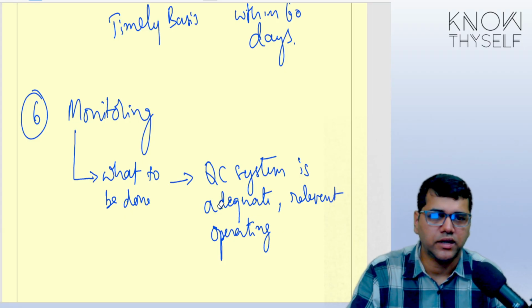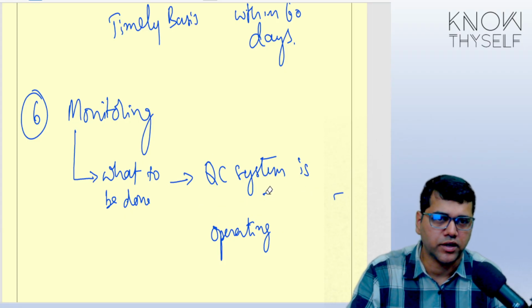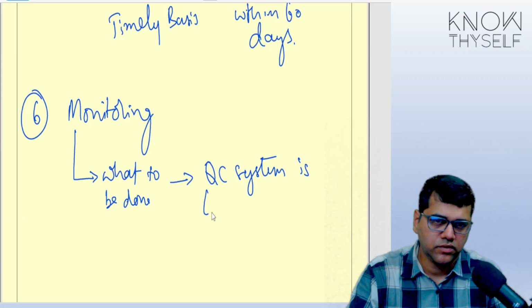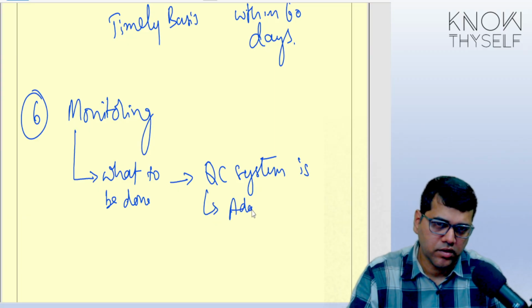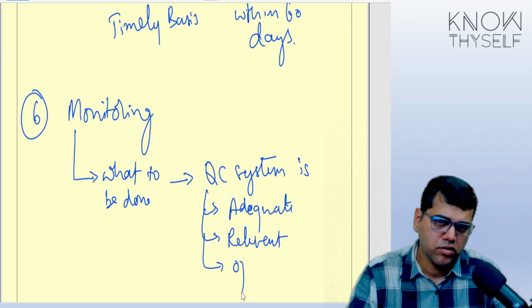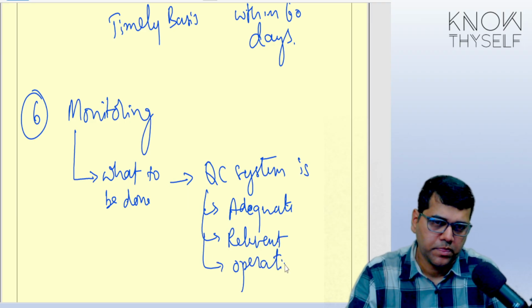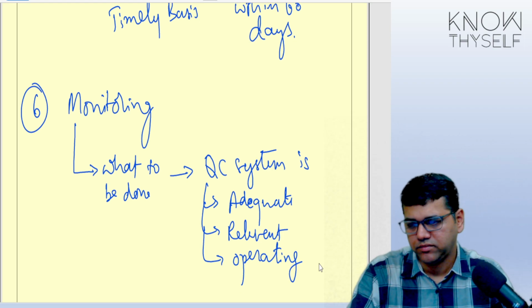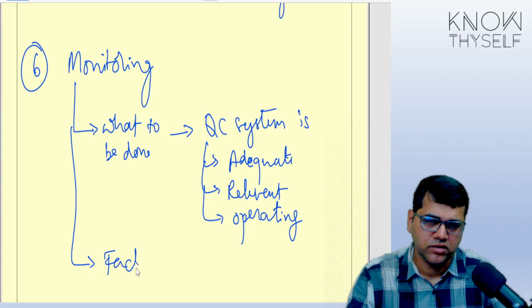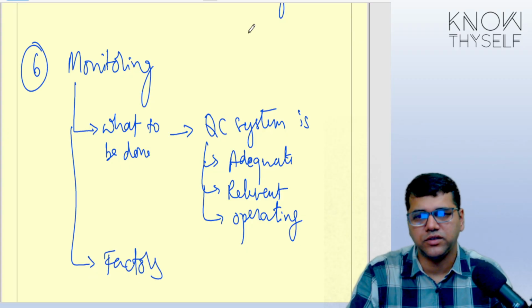Okay, so you can write like this also, in the form of points, that the QC system is adequate, relevant, operating effectively. Okay, what are the factors you consider?